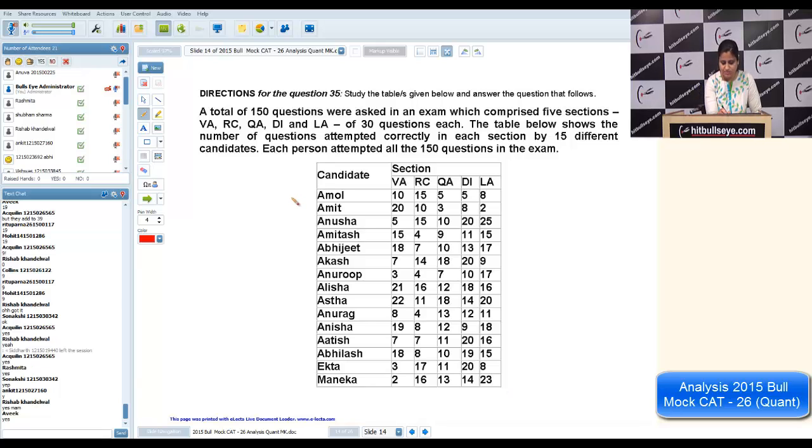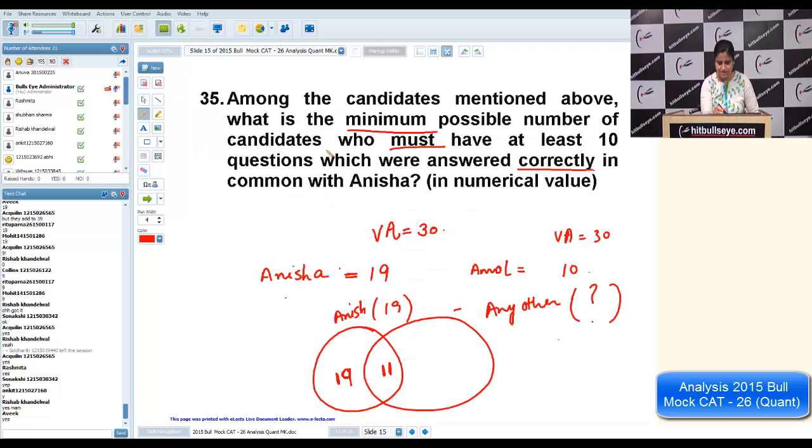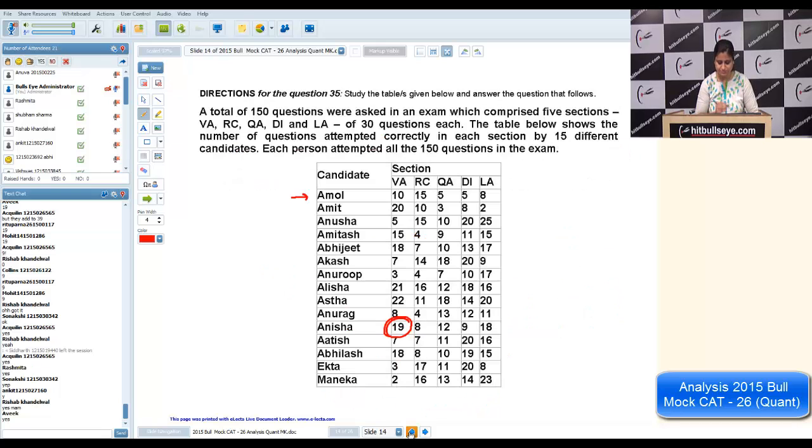So if we talk about Amol, this is the data for Anisha. If we take the data for Amol, what is the thing asked in the question? Among the candidates mentioned above, what is the minimum possible number of candidates who must have at least 10 questions?